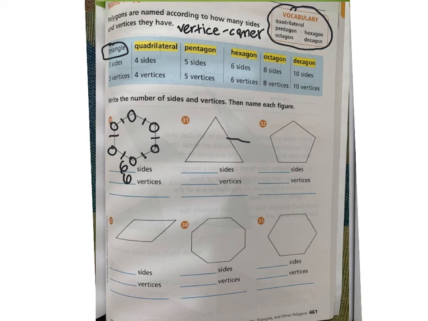And then at the very bottom, they want you to name the figure. Okay, which figure has 6 sides and 6 vertices? So then I go up to my nice blue chart right here that is giving me all these wonderful clues. Which one of the shapes has 6 sides and 6 vertices? Is it the quadrilateral, the pentagon, the hexagon, the octagon, or the decagon?